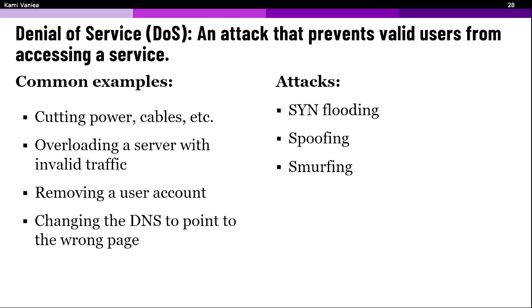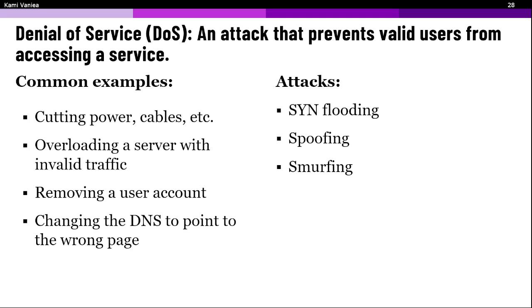So denial of service is usually about stopping the web server or stopping the client or in any way stopping this connection, either by massively slowing it down or cutting it off entirely. So this could be things like cutting power cables, very effective. Overloading the server with invalid traffic, just send it garbage that it has to deal with, and now it can't deal with the other stuff.